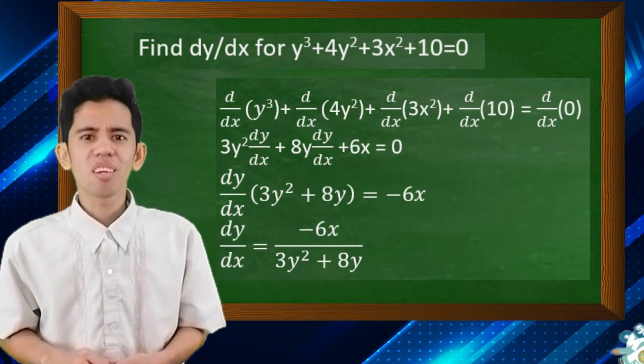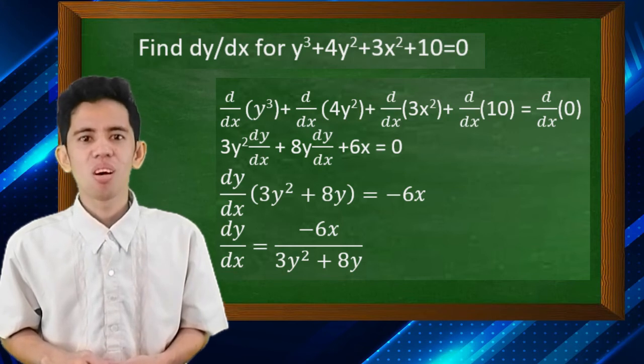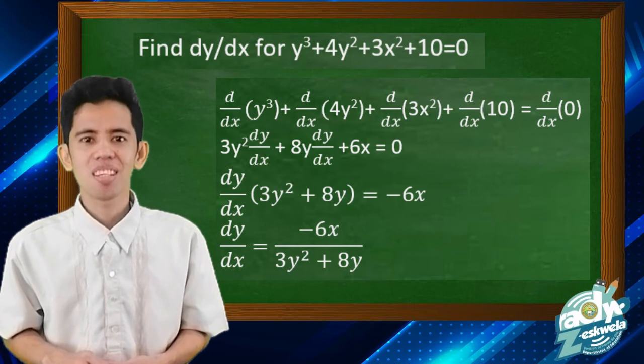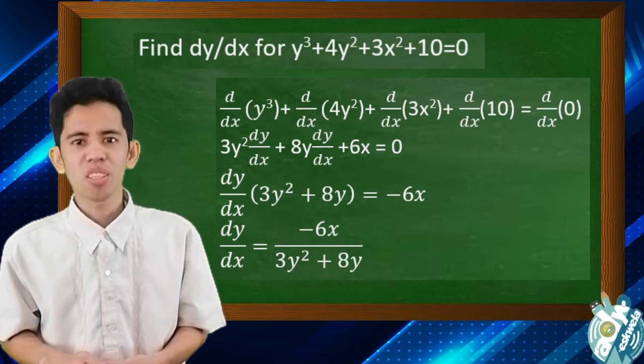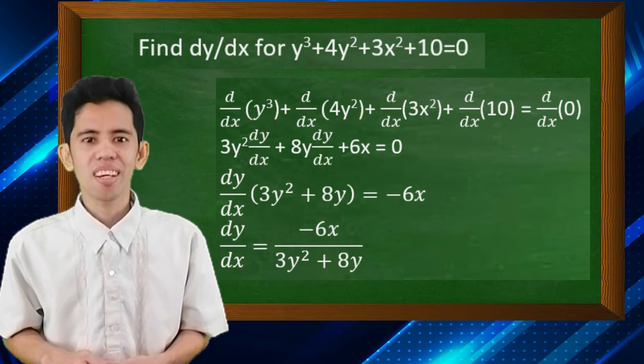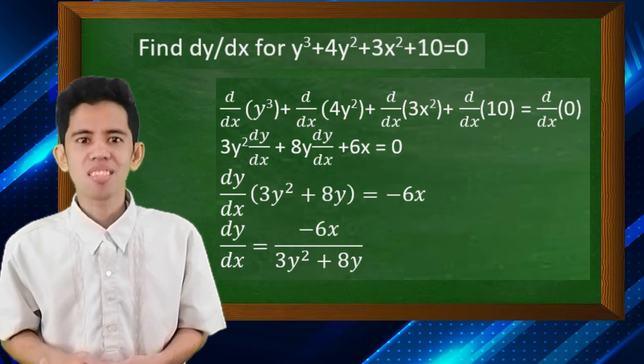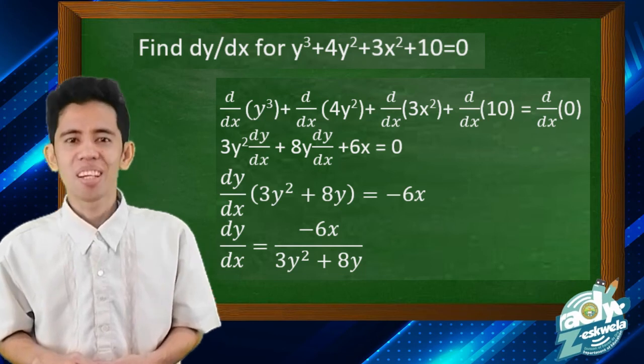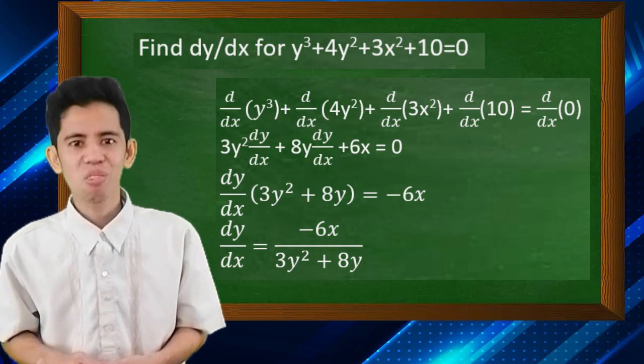Then d over dx times y cubed plus d over dx times 4y squared plus d over dx 3x squared plus d over dx of 10 is equal to d over dx of 0.